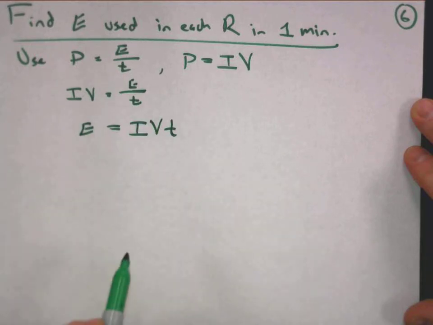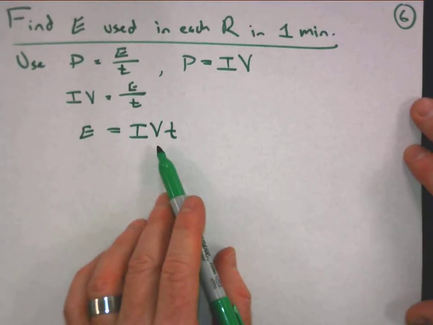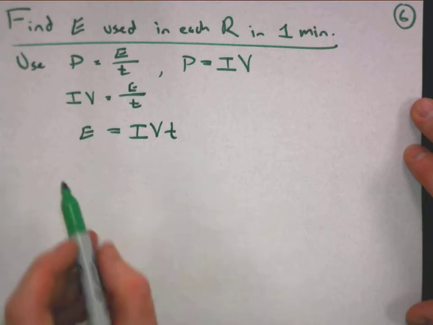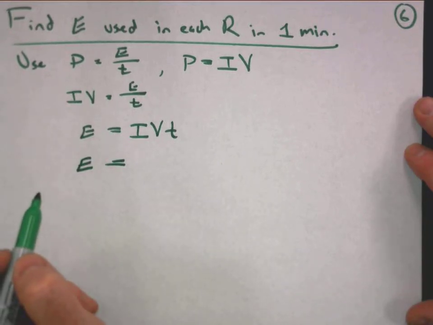Do I know the current flowing in the circuit? Yes, I do. Do I know the voltage supplied to the circuit? Yes, I do. And I know the time. I'm golden here. So the energy dissipated, oops, but that's the total energy, isn't it?